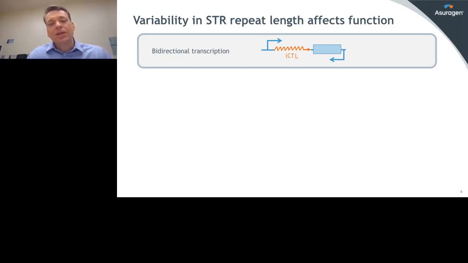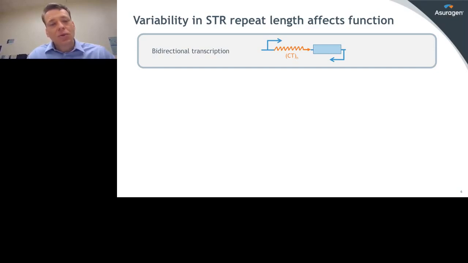But in addition, we also have specificity from single gene studies that suggest how they may modulate function, and particularly gene expression. So for example, bidirectional transcription, we know, can be influenced by repeats, where increases in the number of repeats can alter the level of sense or antisense transcription. A good example of this is SCA8, spinocerebellar ataxia type 8.